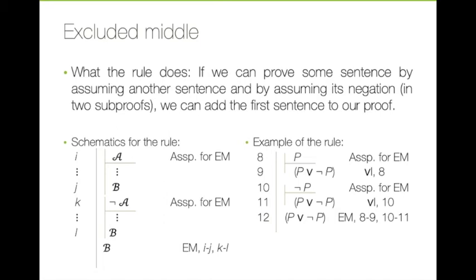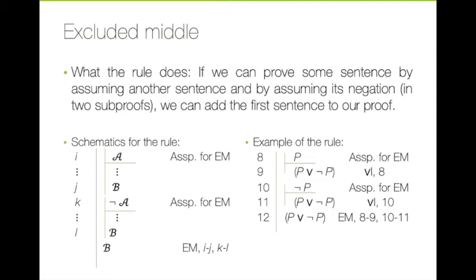So let's say we're looking at line 8 of some proof. So we see our two subproofs starting at lines 8 and 10. One starts by assuming P, the other by assuming not P. And both of those assumptions allow us to prove P or not P, in both cases justified by disjunction introduction.